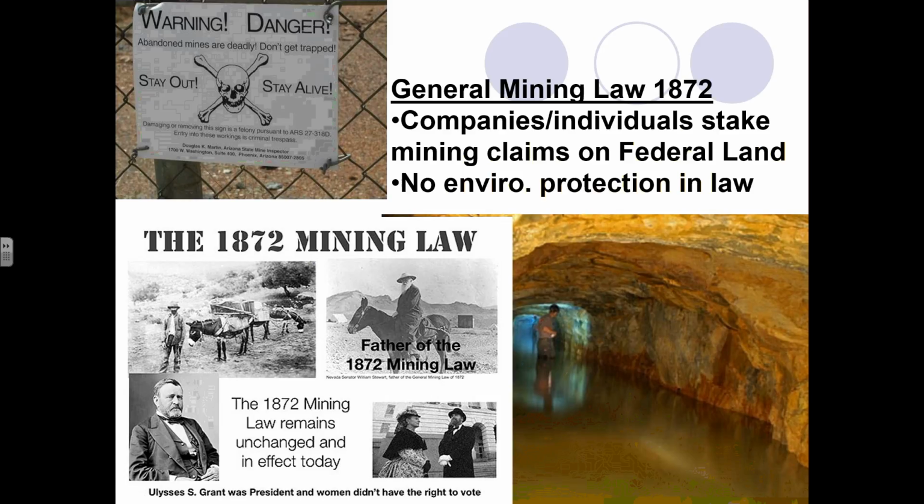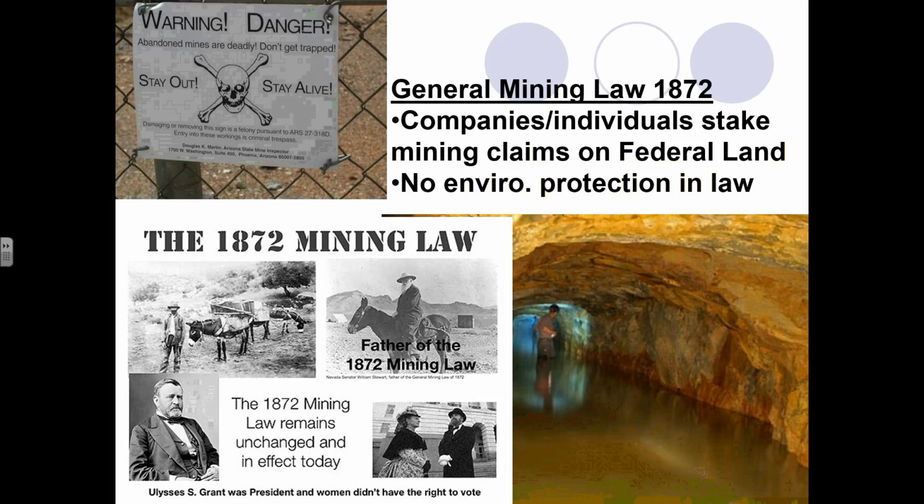Obviously we have environmental problems associated with acid mine drainage, and everything became very polluted. Many of these mines around the United States are known as Superfund sites, and we'll talk more about the Superfund law a little later on. You may have heard of it before, but basically it uses taxpayers' dollars to clean up old hazardous waste sites in the United States.